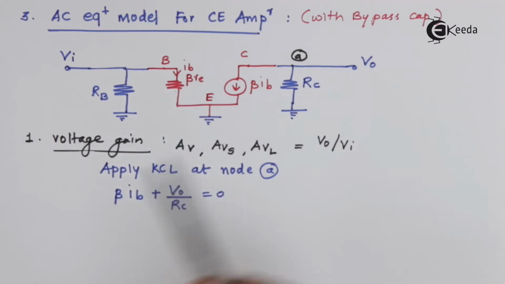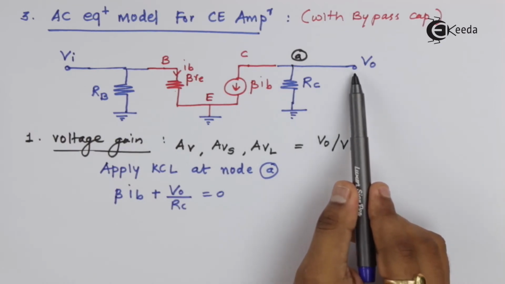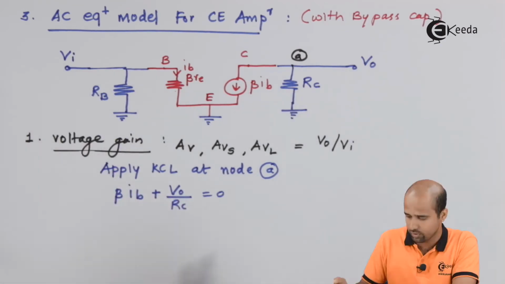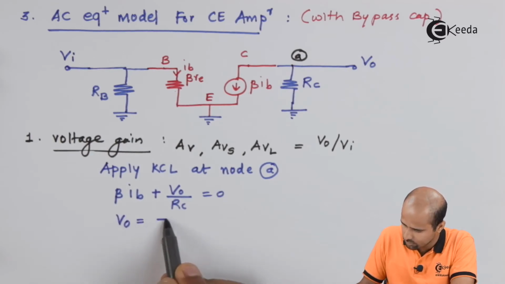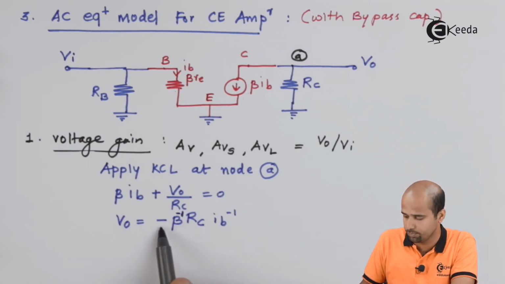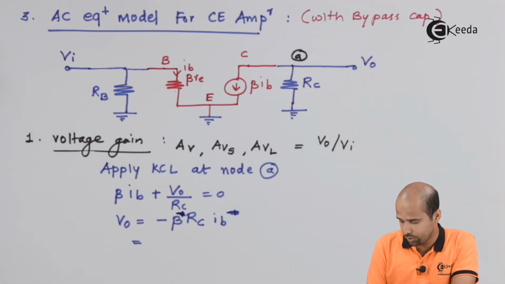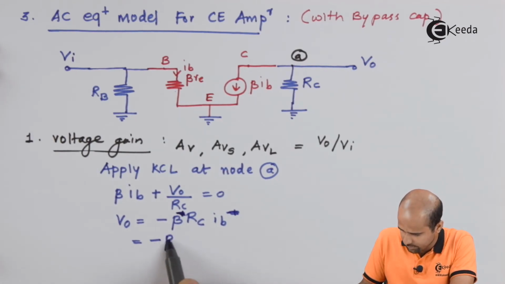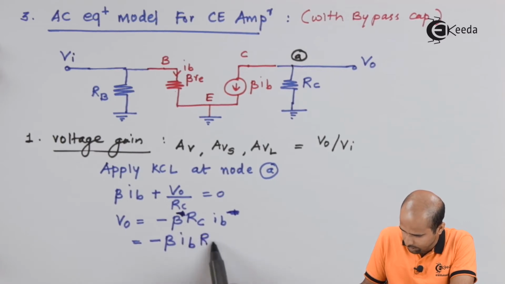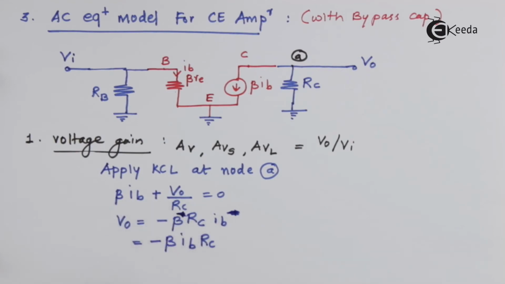So here we are trying to move from output side to input side such that we will be getting the value of VO divided by VI. So VO is equal to minus beta IB into RC. Simple, it's simple mathematics.